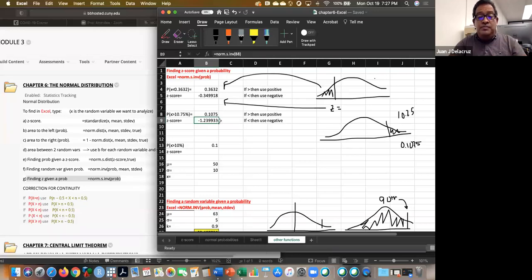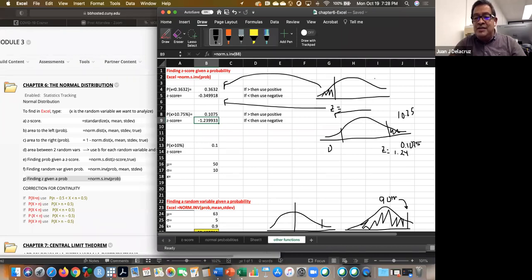So that is not correct, because if I have the greater than, that means that the C-score here is going to be equal to 1.24, let's say, right? So this value gives you the area on the left, right?